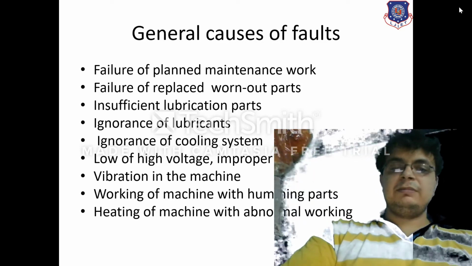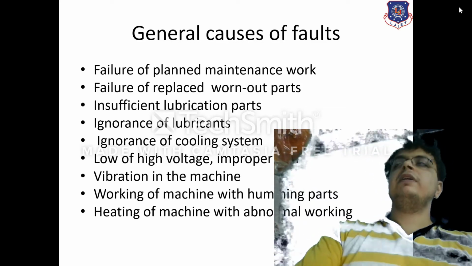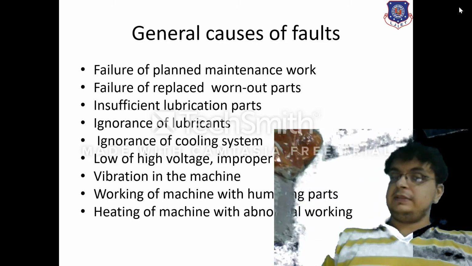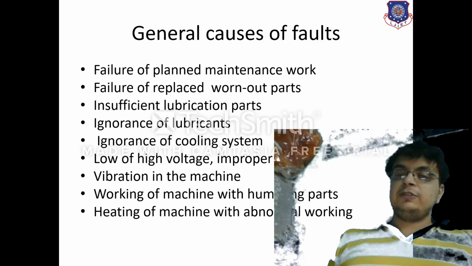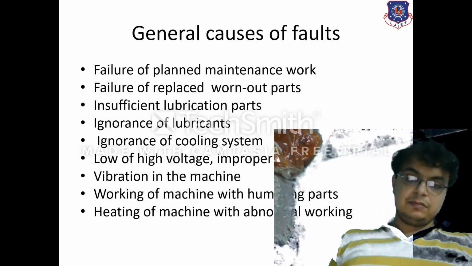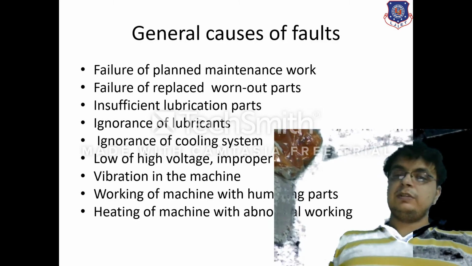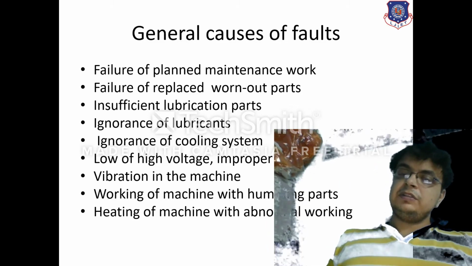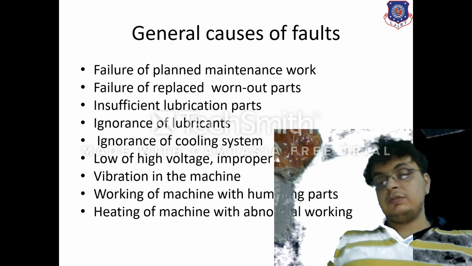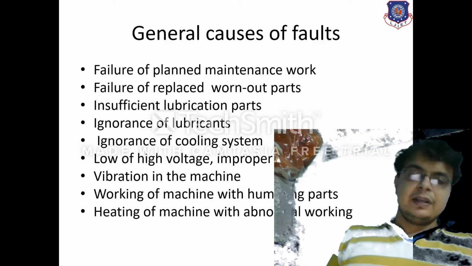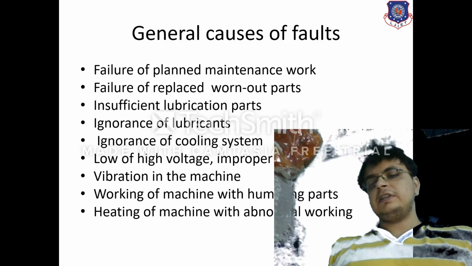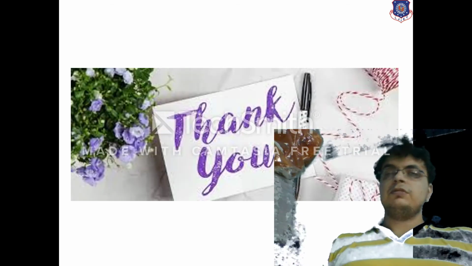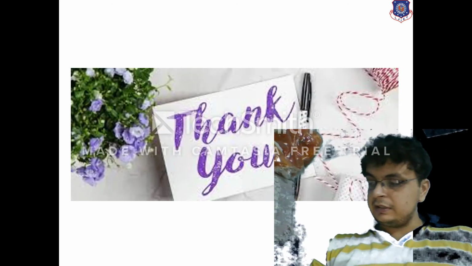Ignorance of the cooling system. If the cooling system is not provided, then also the failure can take place. Then low or high voltage and improper fuel also cause failure. Vibration in the machine is also a problem that can cause failure. Machine running with a humming sound can also cause a problem. Abnormal heating of the machine is also a problem. So these are all the things that are required to be taken care of.